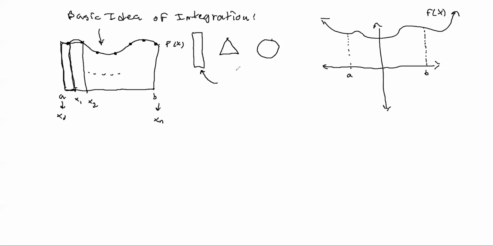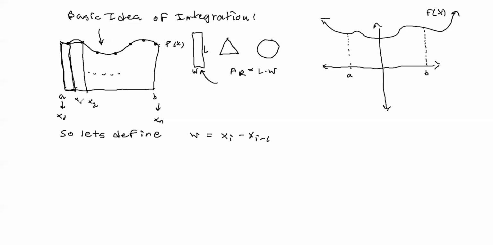So we know that the area of a rectangle is equal to the length times width. This is the width and this is the length. So let's define the width to be x sub i minus x sub i minus 1.